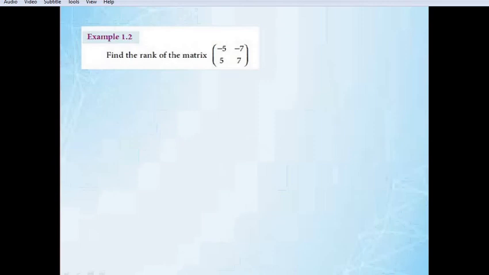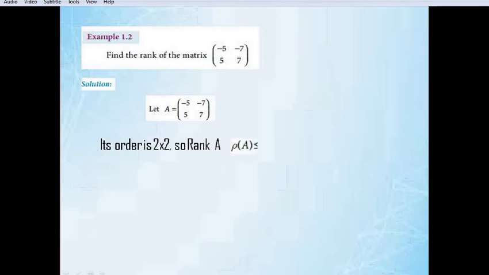We can take another example, 1.2. Find the rank of the matrix. Let the given matrix be A, and we know that it is not a zero matrix, so its rank cannot be 0. Its order is 2 by 2, so its rank may be less than or equal to 2. That means it may be 1 or 2. For that we have to take the determinant of the given matrix.